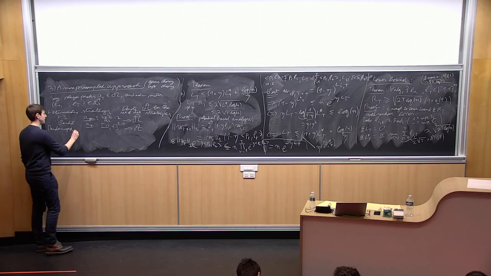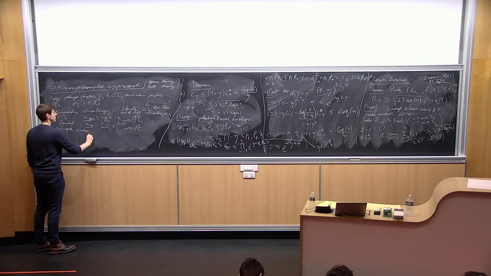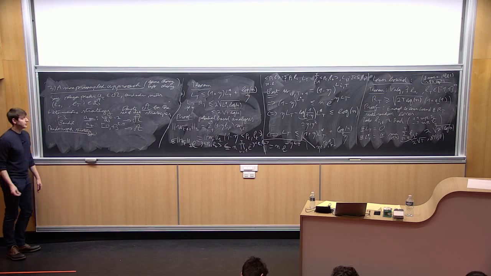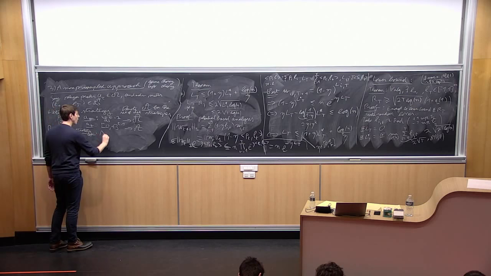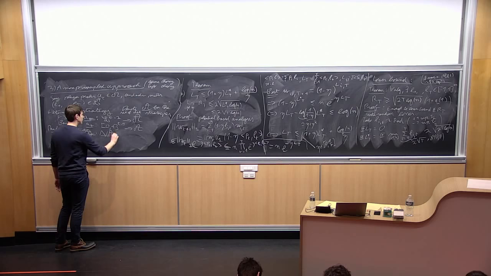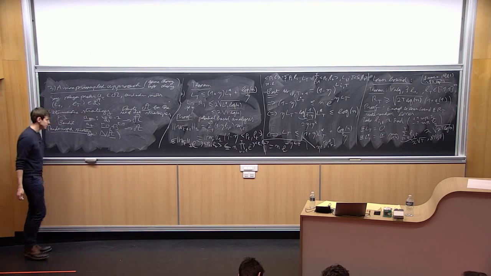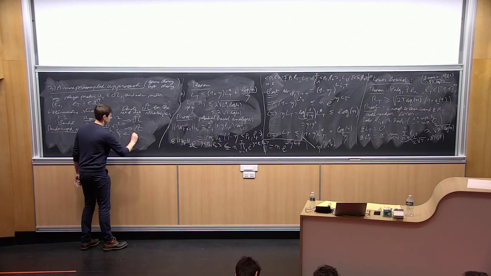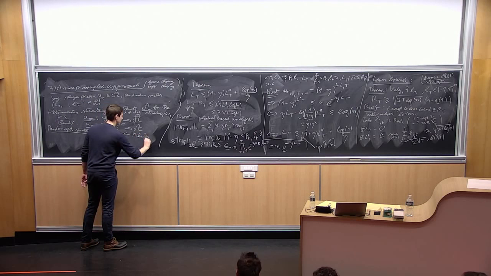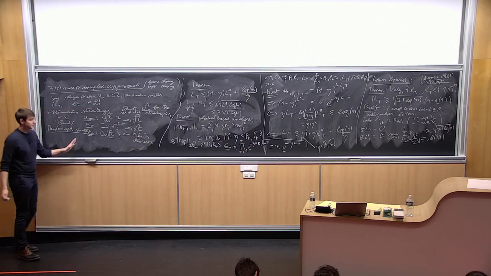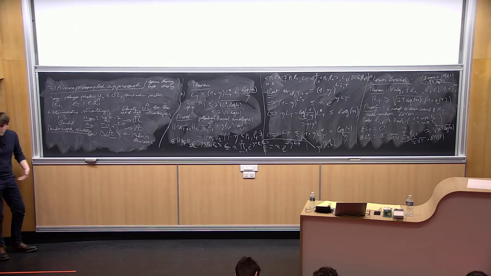Now, what is a randomized strategy? I described it previously, but in fact, with this notation, I claim that it's just a random deterministic strategy. This is not totally obvious, but I don't want to get into this. This is called Kuhn's theorem. But it makes sense. A randomized strategy is just picking at random a deterministic strategy.